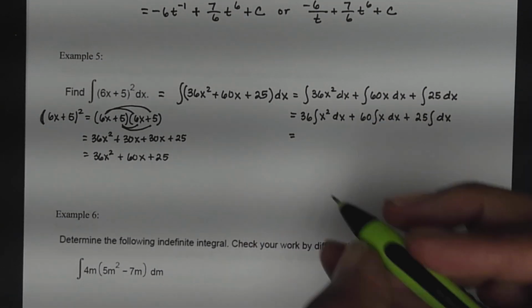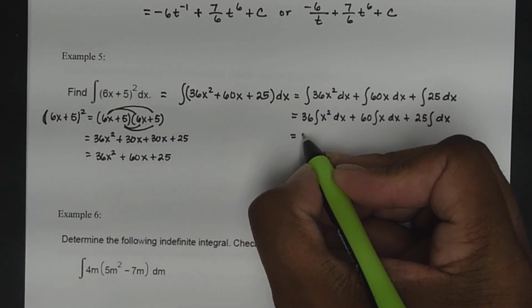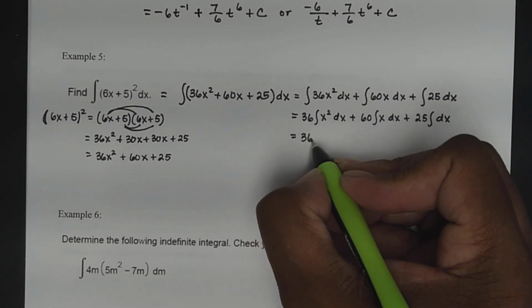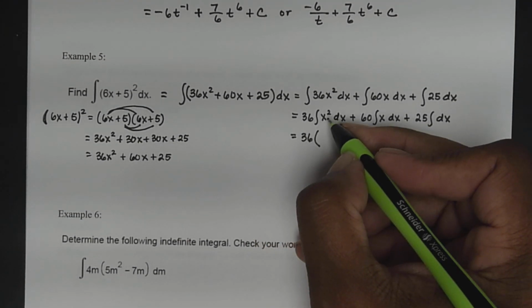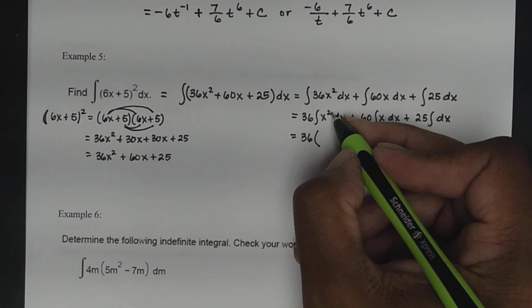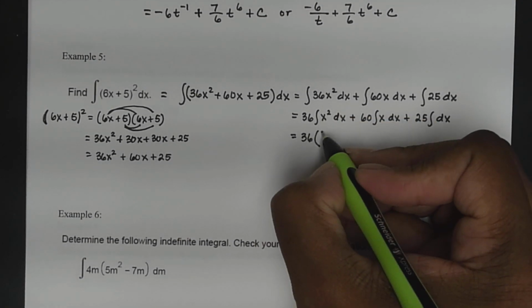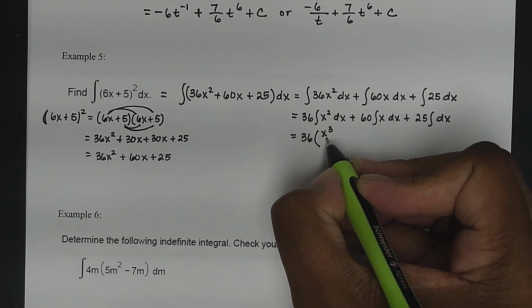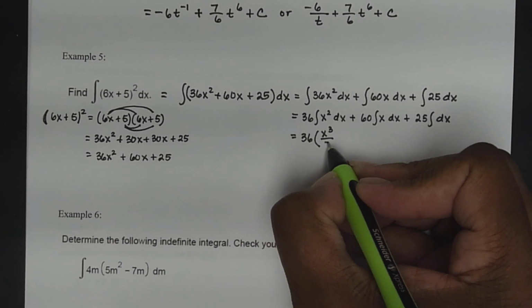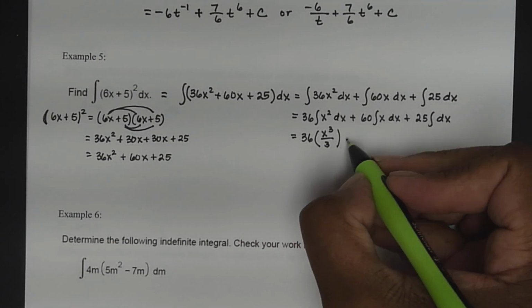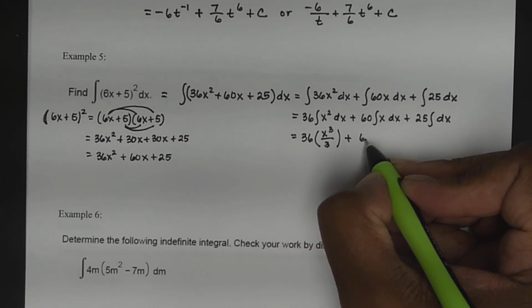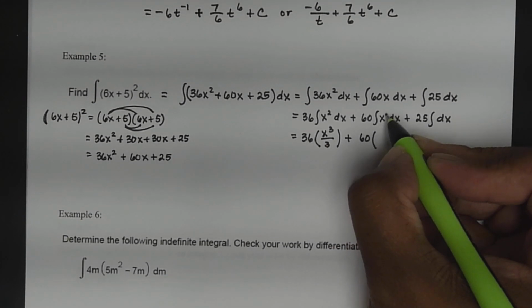Okay, so now, using the power rule, bring down the 36. Increase the power by 1 and divide that by the new exponent. So if I increase the 2 by 1, it'll be x to the third, divided by 3, that's your new exponent, plus 60 times, this is x to the understood 1.